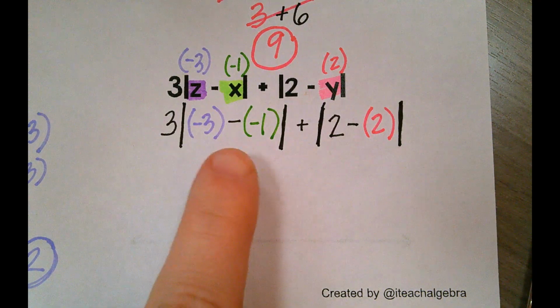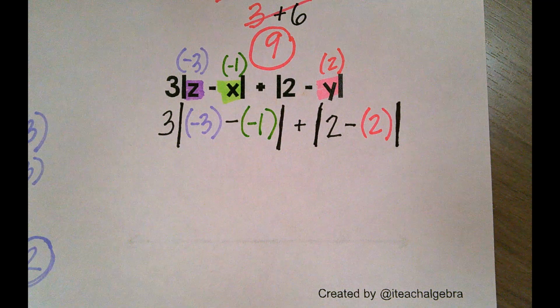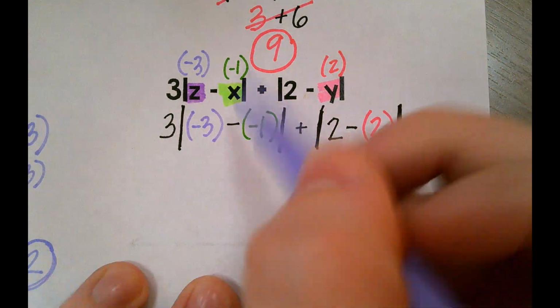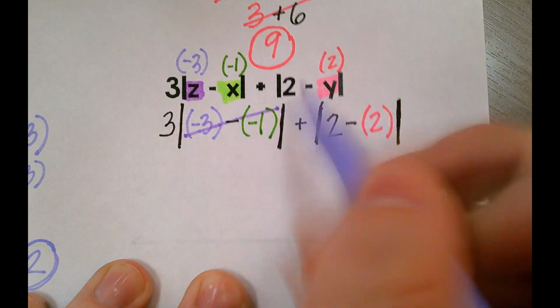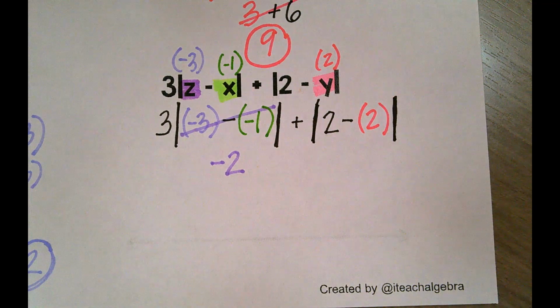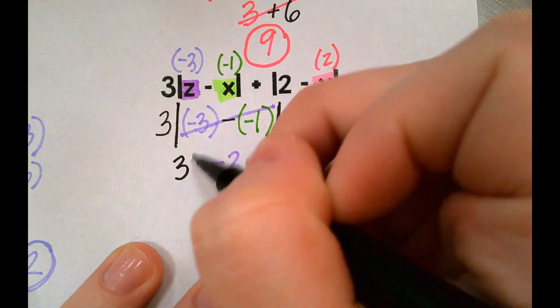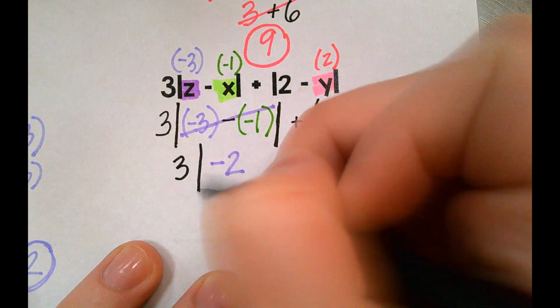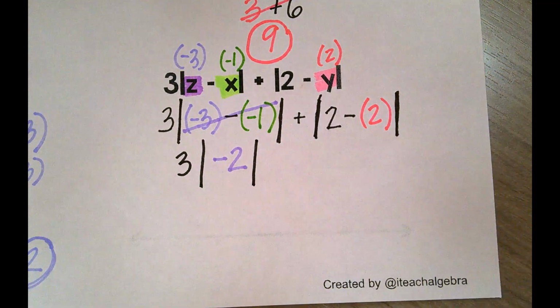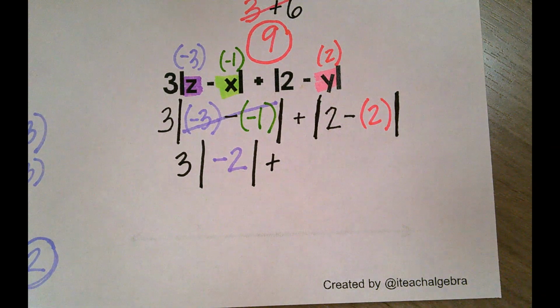So -3, take away -1, that is -2. I'm going to cross that out, and I'm going to write -2. And then you said, Charles, bring down the 3, absolute value bars. Then add -2. Good. Absolute value bar again.